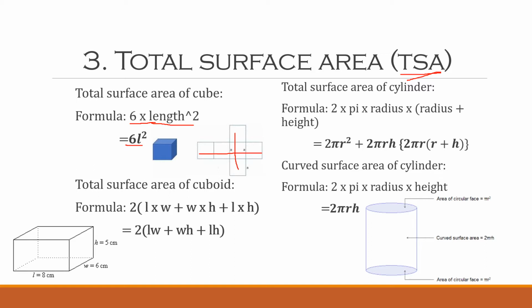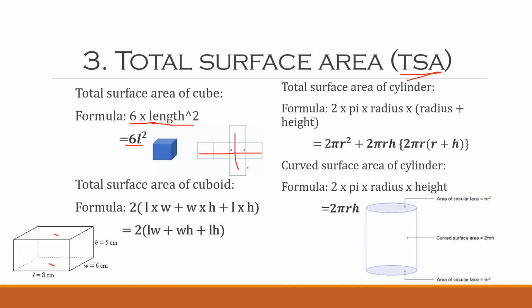Moving on to the total surface area of a cuboid, the formula is 2 multiplied by length multiplied by width plus width multiplied by height plus length multiplied by the height. So firstly, length into width will give us the area of the top and the bottom rectangles which have the same area.